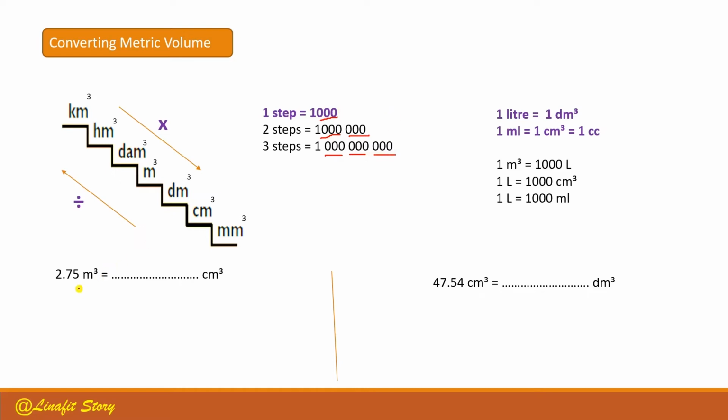So for example, 2.75 cubic m is equal to how many cubic cm? This is cubic m, this is cubic cm, so step down, we multiply. How many steps? 1, 2. So we multiply by 1 million.